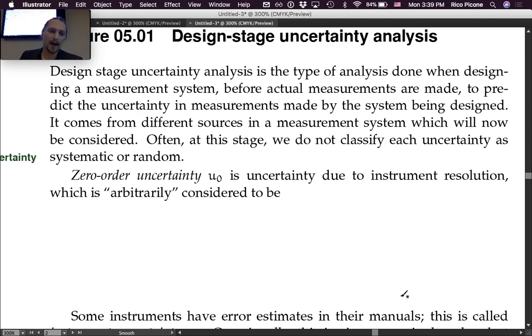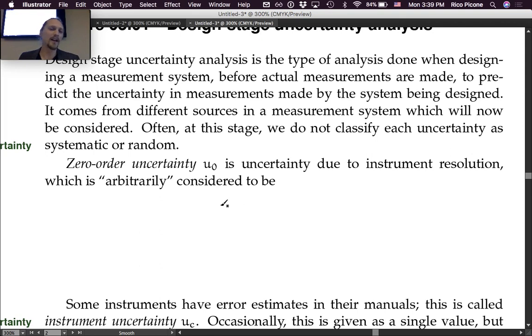Okay, great. Zero order uncertainty, U0, is uncertainty due to instrumentation resolution, which is, I mean, the term "arbitrarily" is a little bit harsh, but it's kind of accurate.